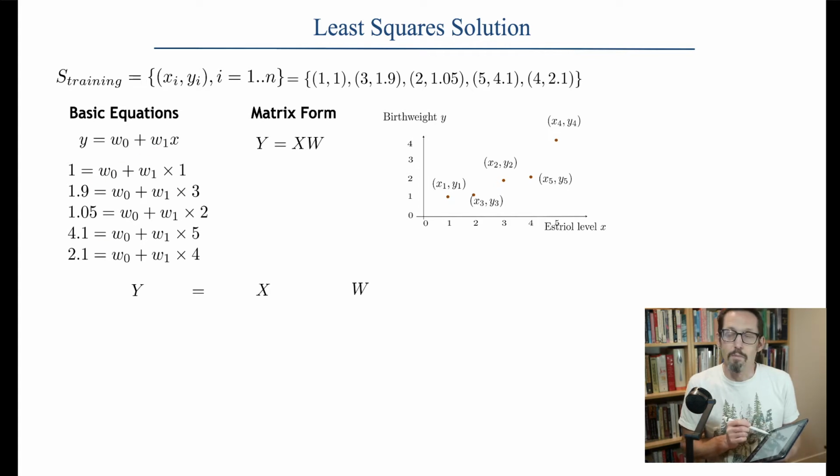Because the assumption here is that these dots are corrupted by some noise, some real process lies underneath it, but there's some noise screwing them up. That's the way linear regression math works, it assumes that there's a bit of normally distributed noise on top of stuff. Because of that, if we solved for these values of W0 and W1 on any two of these points, we would get a particular value of W0 and W1.